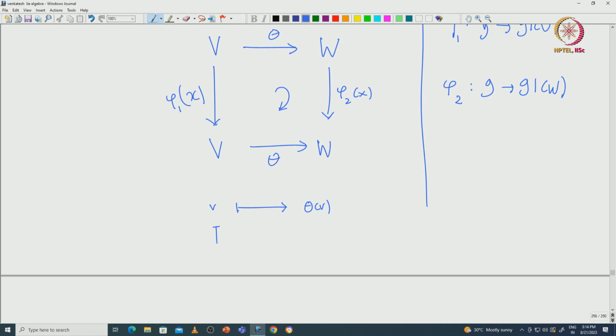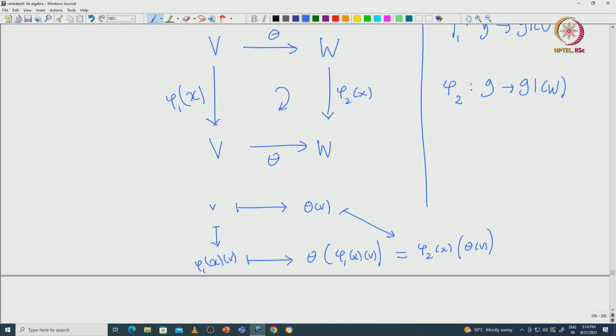So, you can go to this x dot V, which is phi 1 of x applied on V, and then you can go again using theta applied on phi 1 of x of V. Now, you can also go from V to theta of V and then come back using phi 2 of x, phi 2 of x applied on theta of V.